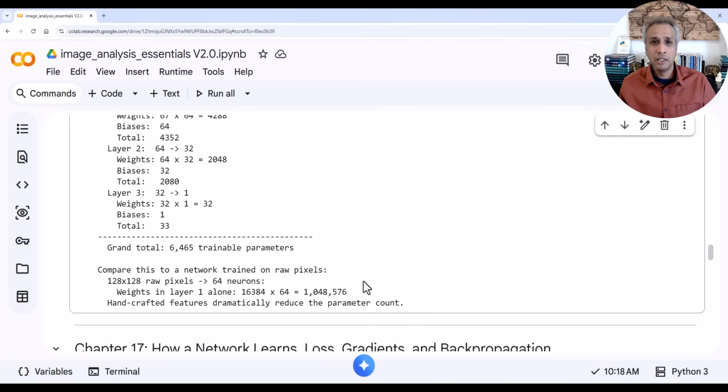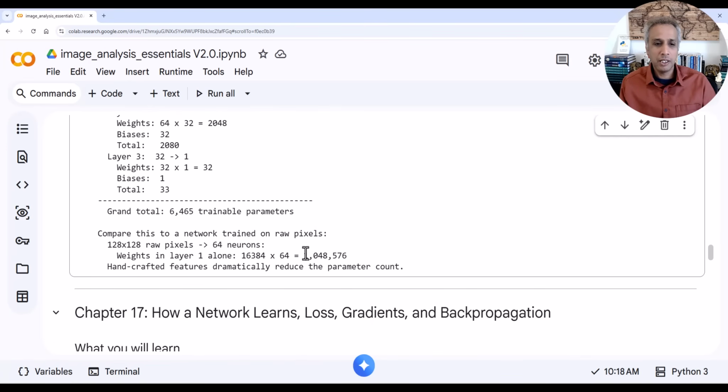That's it. It's not practical. If you have large images, if you have many images, and many layers that you're using as part of your network, it's not practical basically. So handcrafted features dramatically reduce this parameter count.